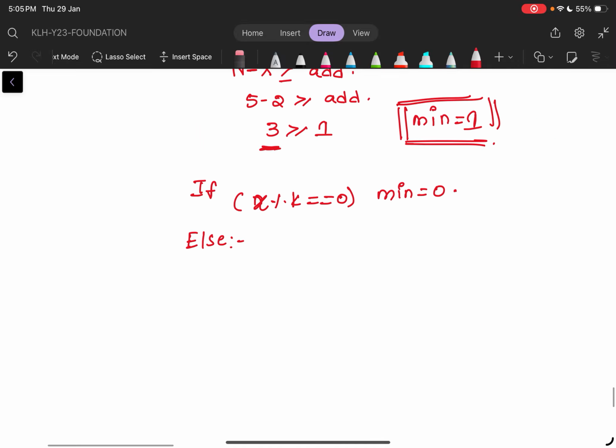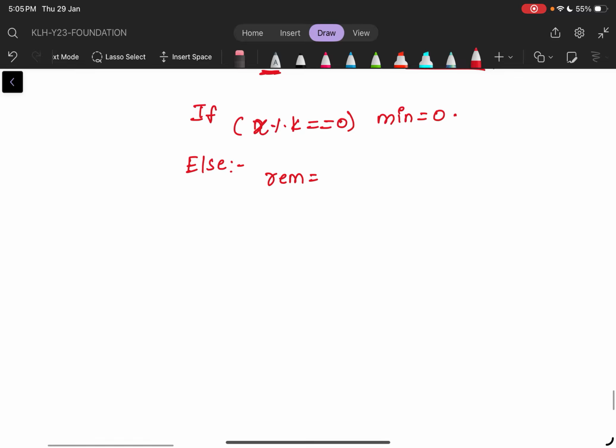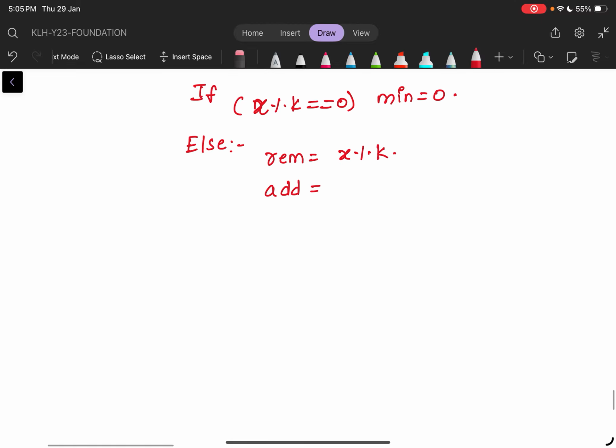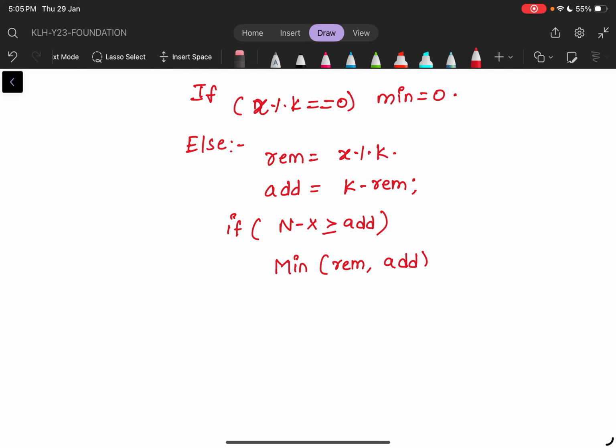The remaining students are x mod k, and add, the number of students we can add, is k minus remainder. If n minus x is greater than or equal to add, then we'll choose the minimum among both remainder and add. Else our answer will be the remainder.